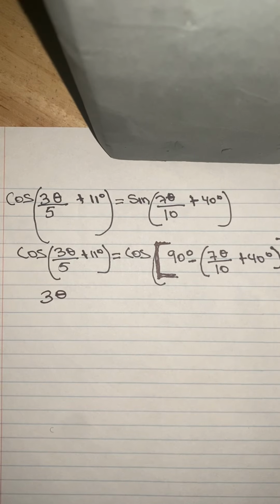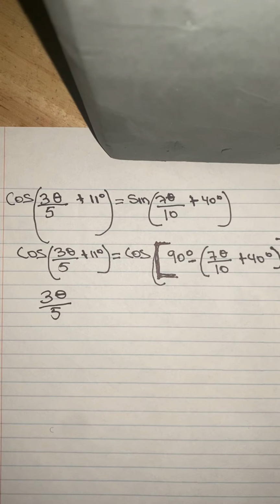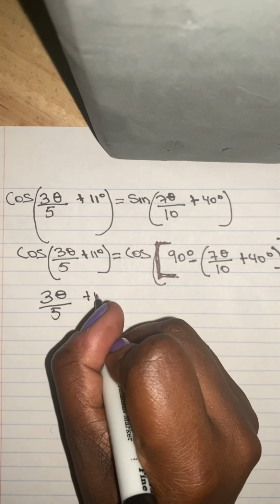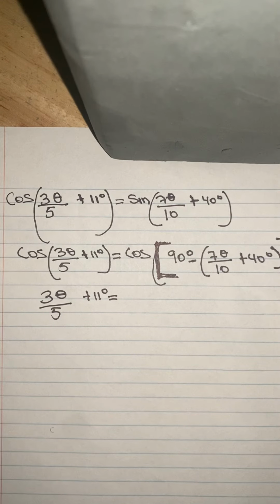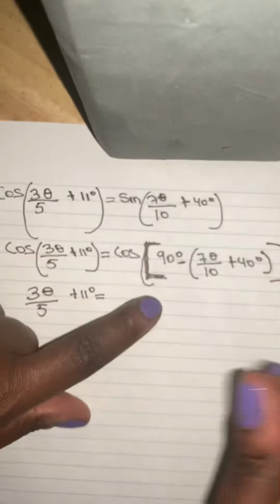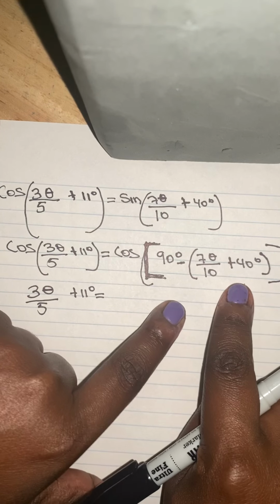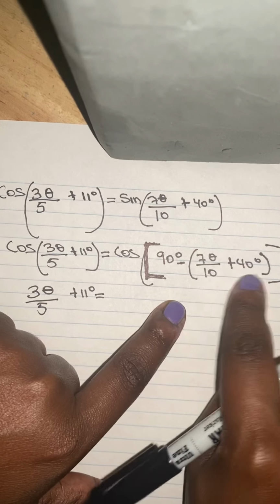So the next value we want to do is continue on. 7 theta over 5 plus 11 degrees. What can we do here and here? We are going to use the distributive property, where we distribute both the 90 and the negative along the way.